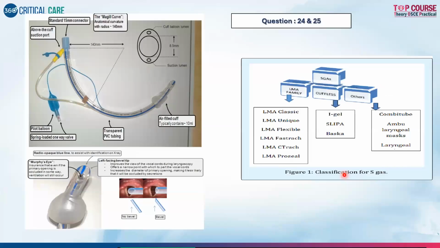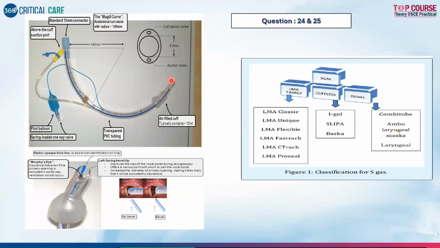The most important instrument that is used in our ICU, which is your endotracheal tube, which is the infraglottic airway device. Okay. If you are asked to describe the parts, you have to tell about from the beginning that it comes with a 15 connector. There is a suction port, above cuff suction port. It comes with a pilot balloon and a spring-loaded one-way valve. There is a PVC tubing.